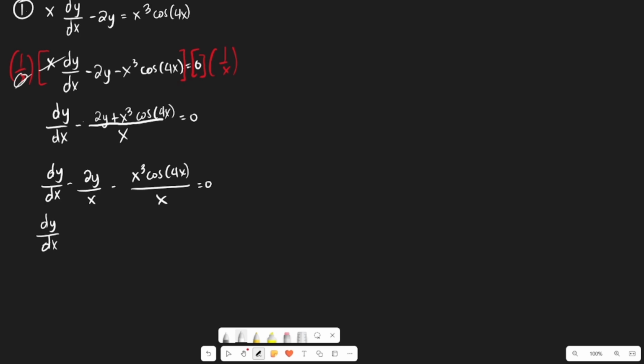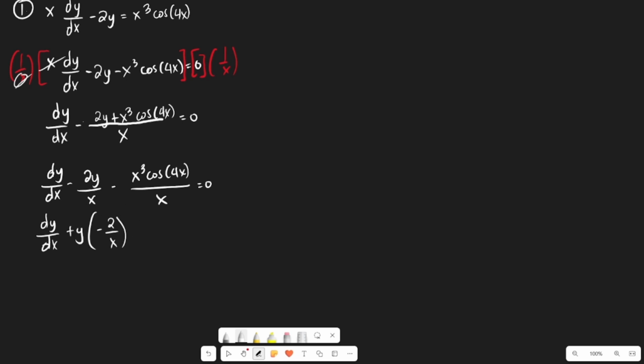That is because we want y to be on just one term, and when we have one term of y, we can factor out everything else besides y. So for negative 2y over x, we can factor out y and just have negative 2 over x multiplied by the y.